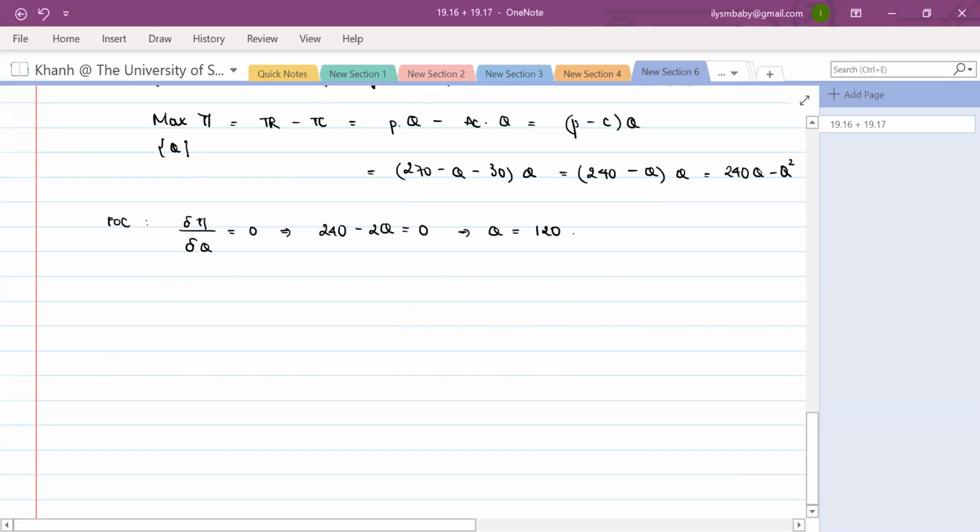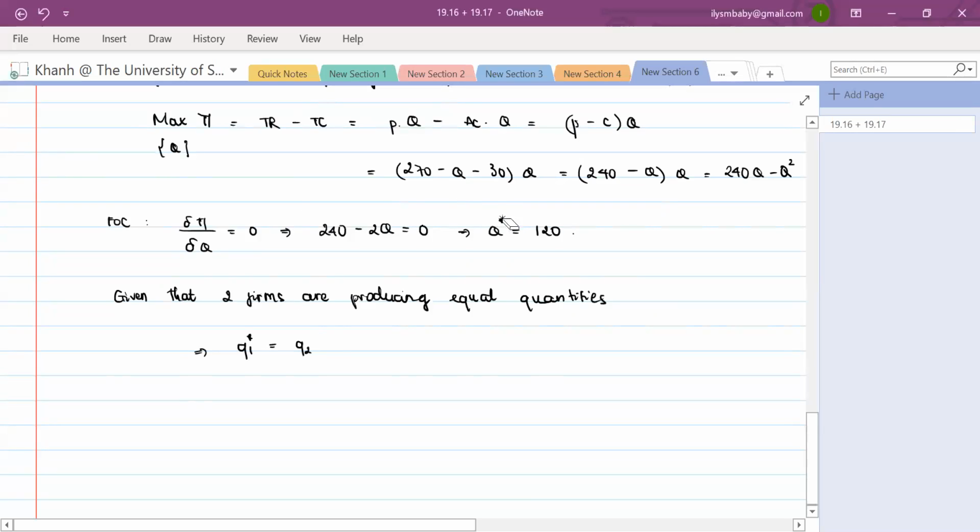Okay, so the optimal total quantity that the two firms are going to be producing together is 120. Given that the two firms are producing equal quantities, Q1 star is going to be equal to Q2.